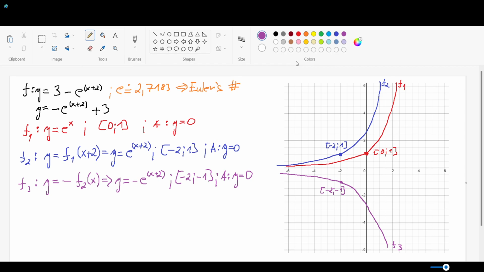And finally we have the last transformation. It's going to be function f, defined by the equation y equals f3 of x plus 3. So we applied the last transformation, which means that our equation is going to be -e to the power of x plus 2, plus 3.